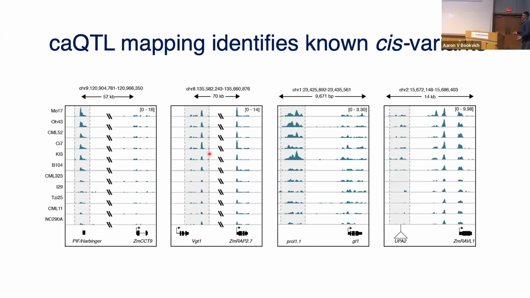One of the first things we wanted to check is whether we capture known cis-regulatory variants that exist in the species. And indeed we do. Here are a few examples. CCT9 is a known regulator of flowering time in maize, and there's a very well characterized transposon insertion that conferred adaptation to longer day lengths.